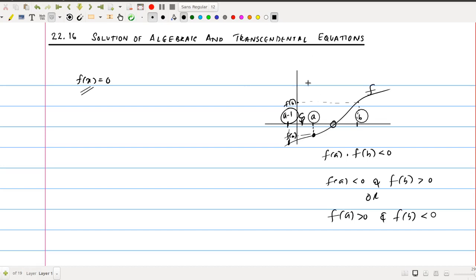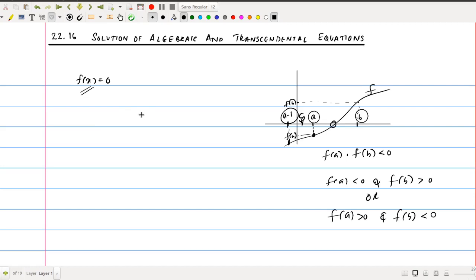That means in these methods we first find an interval of unit length in which the root lies. If a and b are two consecutive integers such that f of a and f of b have opposite signs, then a root of the function f of x equal to 0 lies in between a and b.